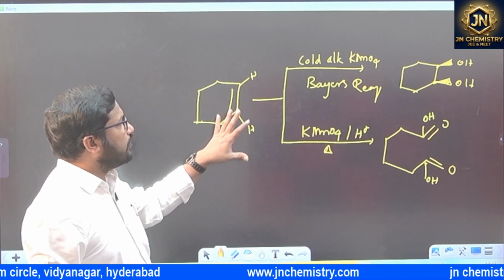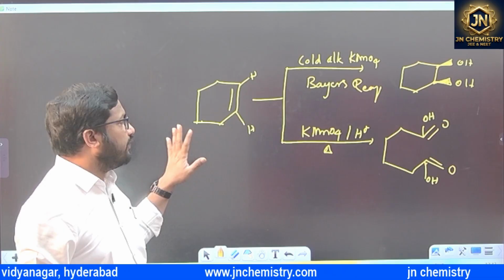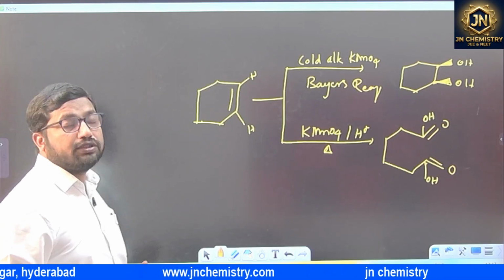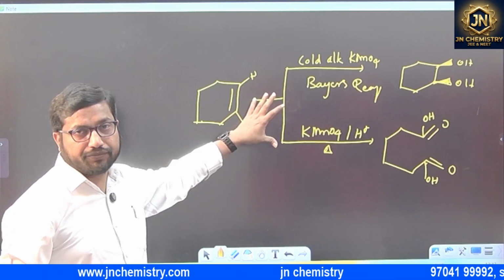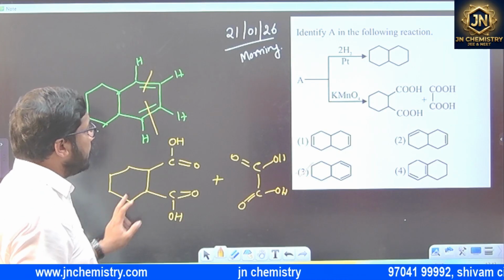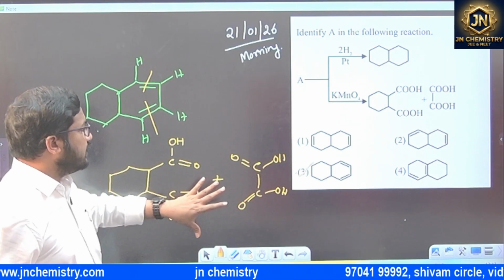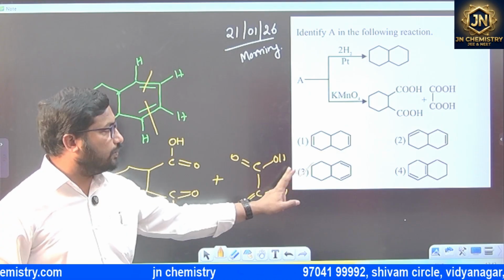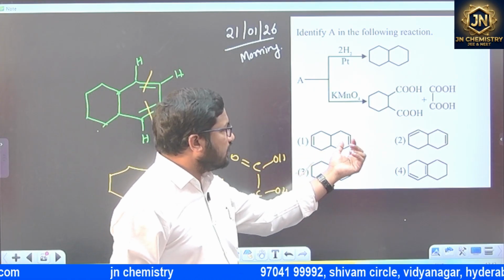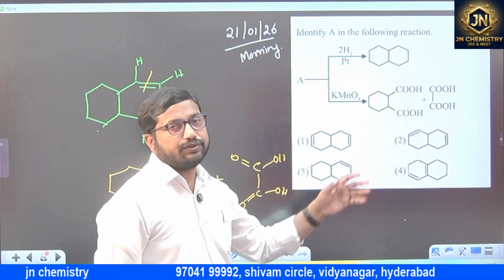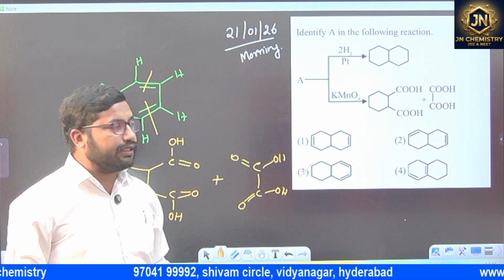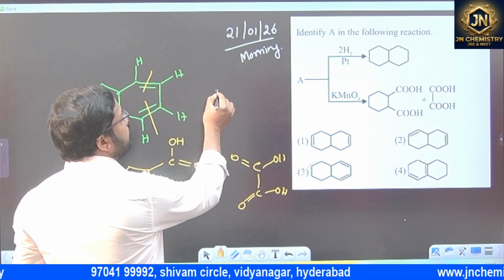So these are the KMnO4 reactions, don't confuse. There is a huge chance that in April they may ask this type of question again. So for KMnO4, obviously option C will be the answer. If you cross check, we'll get different types of products, but those are not matching with the options. But we need to know the fundamentals.